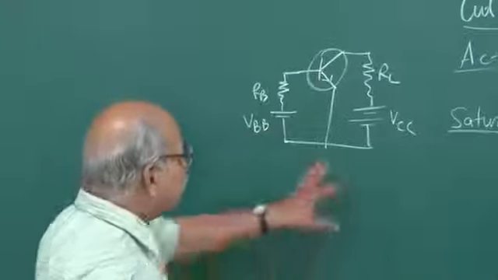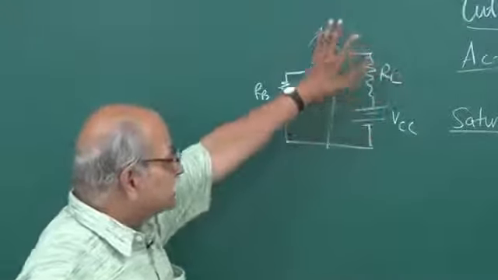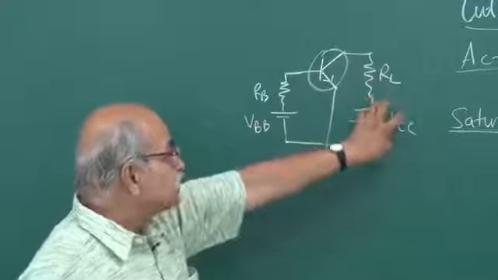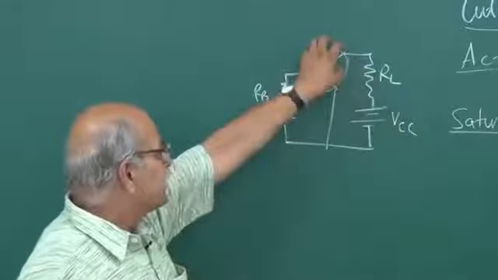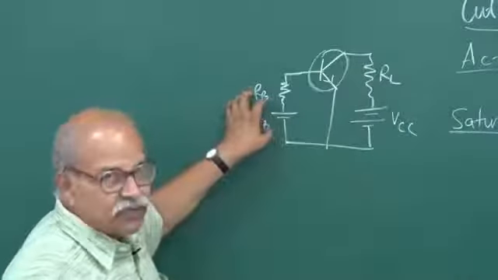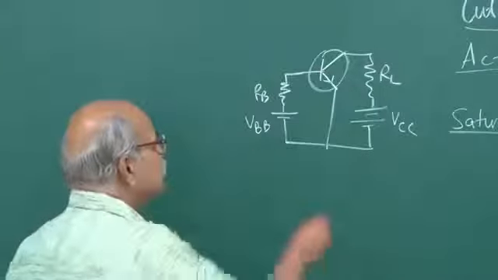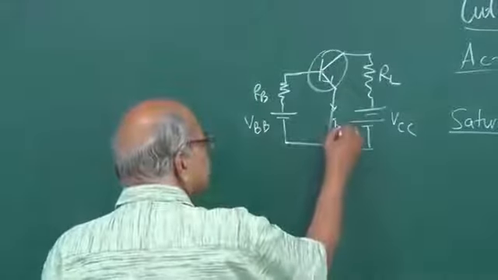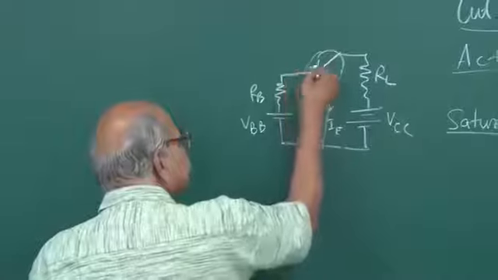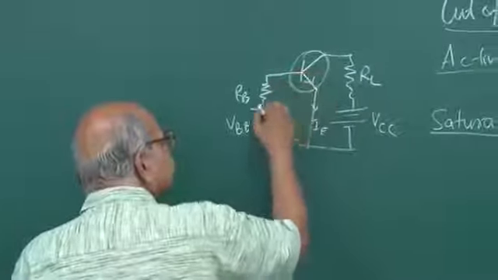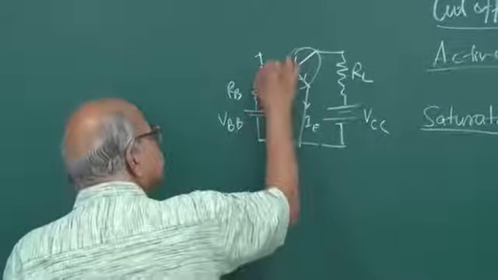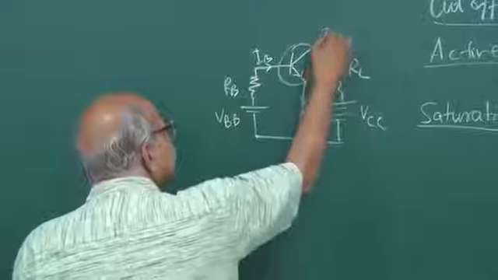So, suppose I have some reverse bias to start with. Let us say we have put some VCC to start with and it is reverse biased, this current is very small. Suppose this VBE is very small, this current IB is very small, this is IE, this is IB from this side, and then this is IC.